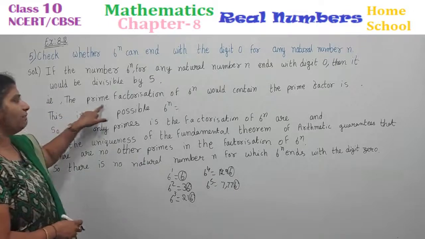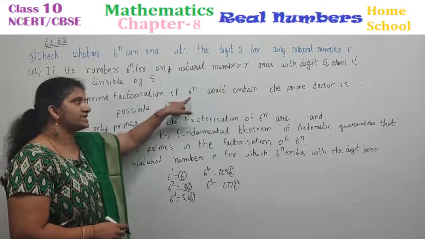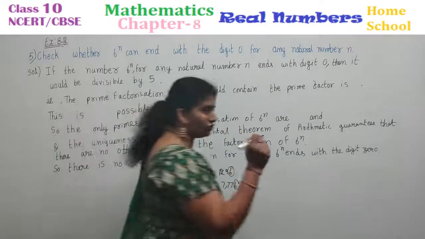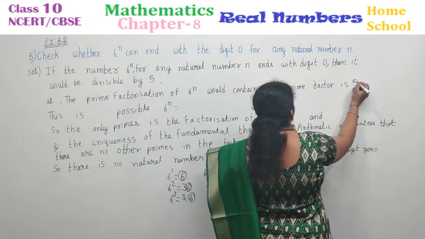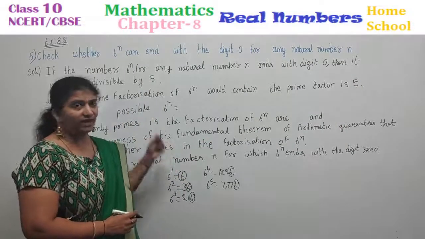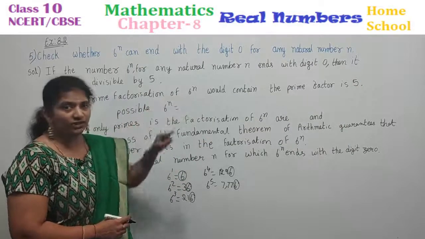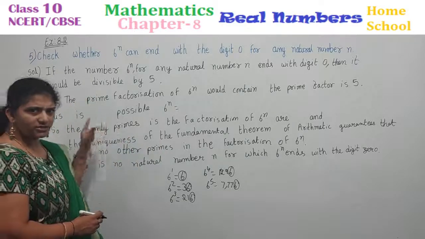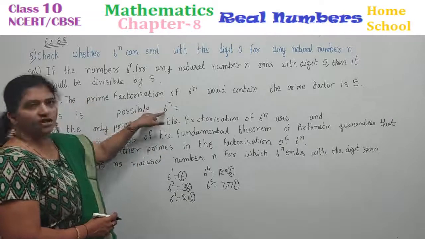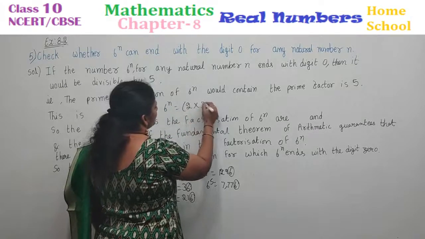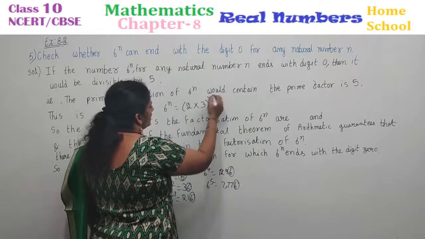That is, the prime factorization of 6 power n would contain the prime factor 5. If it is divisible by 5, then its prime factors should contain 5. Is this possible or not possible? Let us solve this. 6 power n, split this: 2 3s are 6, so 2 into 3 whole power n.